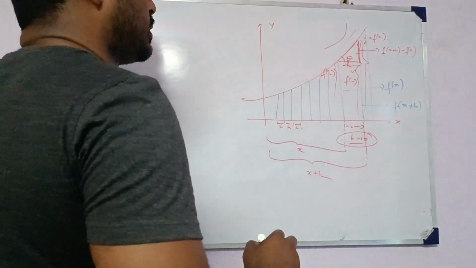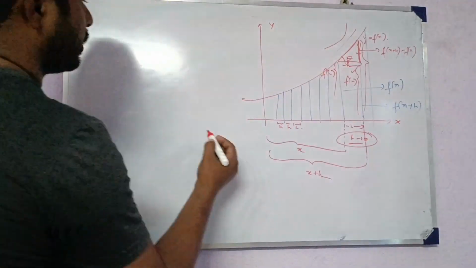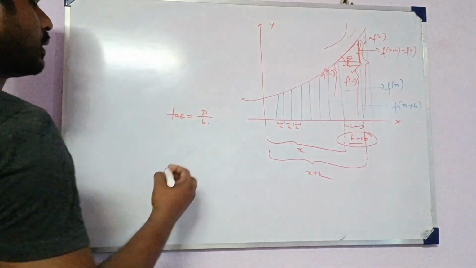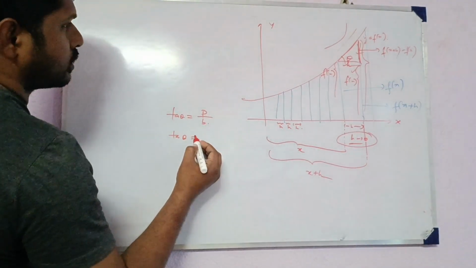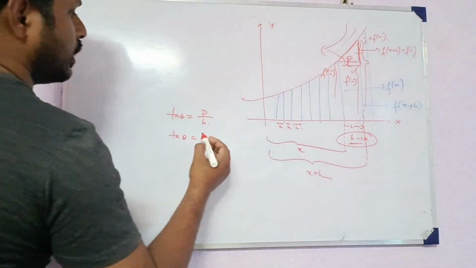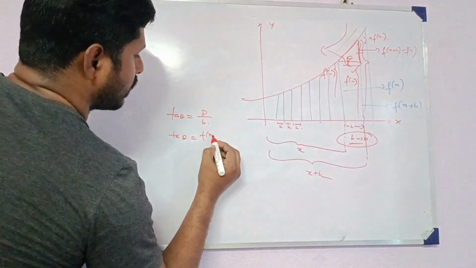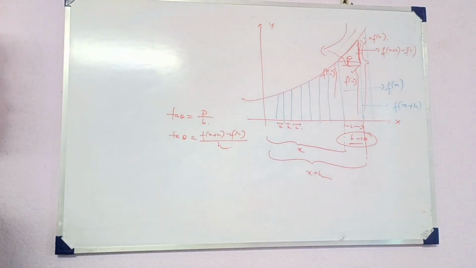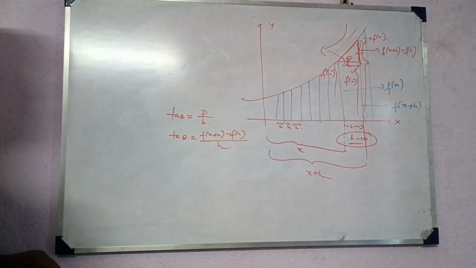So this place is h. Now we know that tan theta equals perpendicular by base. So here tan theta is the slope of the straight line. It is perpendicular by base: f of x plus h minus f(x) by h.